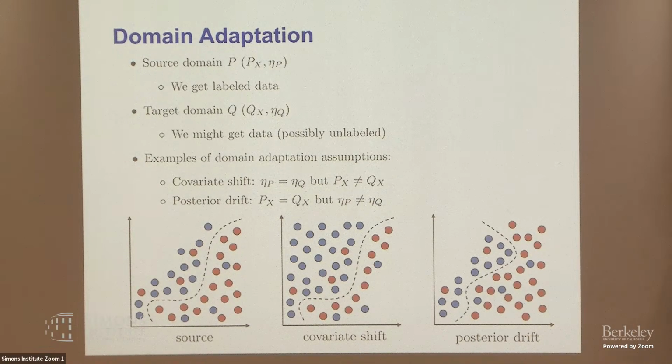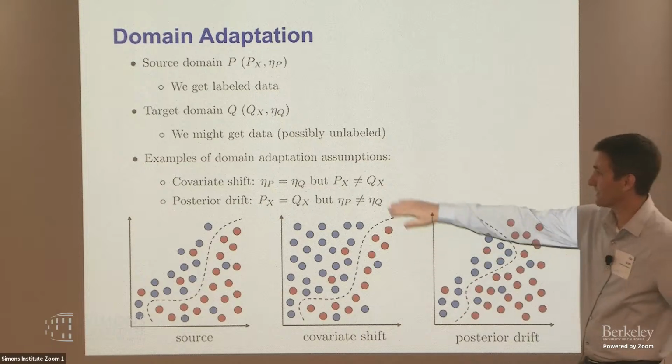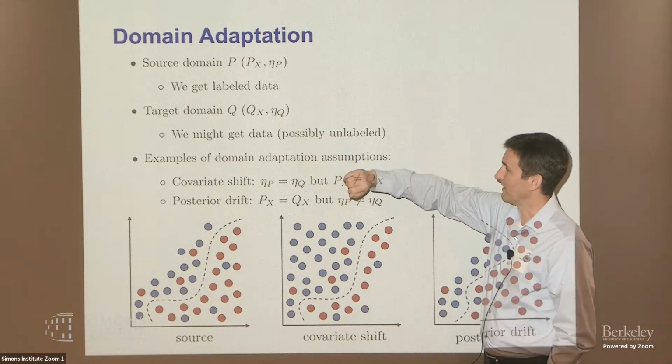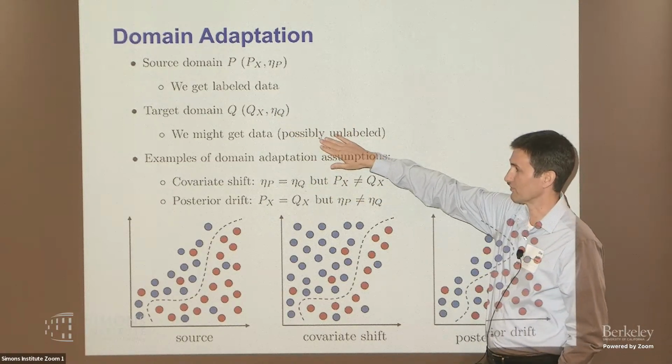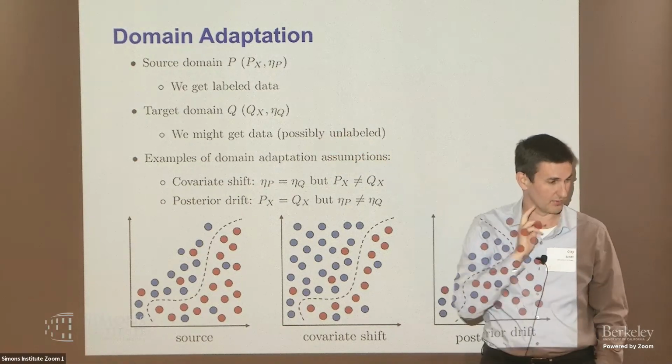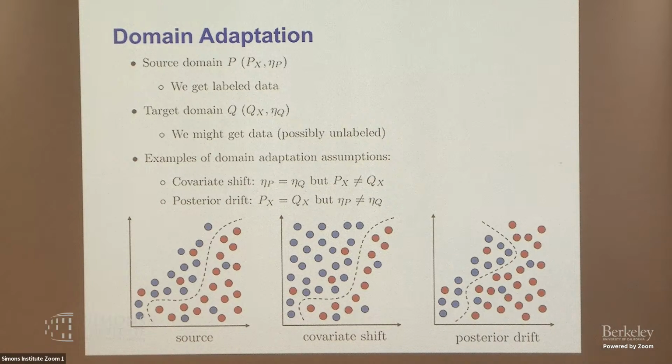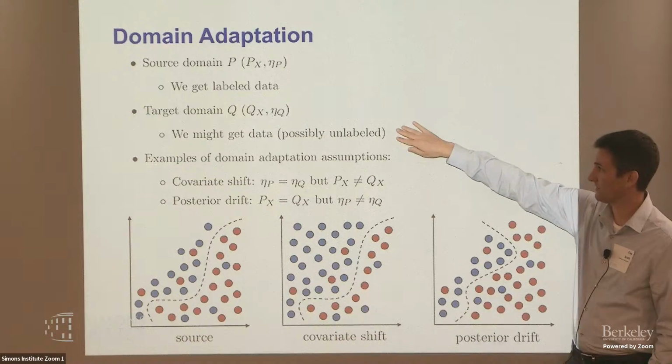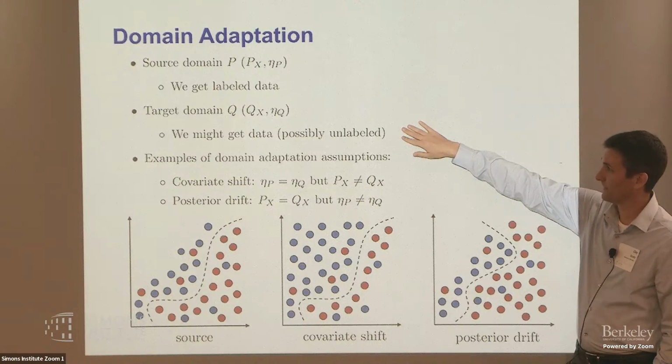And then we've got a target distribution Q with its X marginal and its posterior. And there's different settings. We might get labeled data here. We might get some unlabeled data, or we might get no data whatsoever. And the goal is to, obviously, design a classifier that performs well on Q.